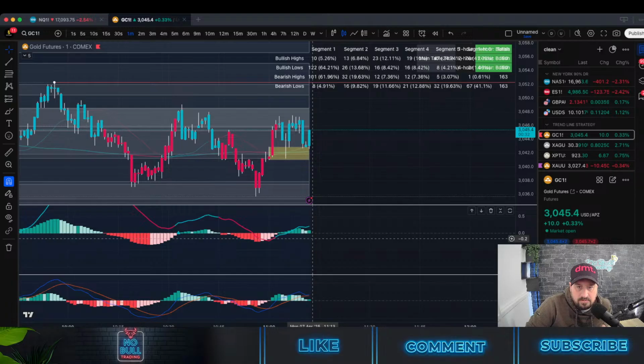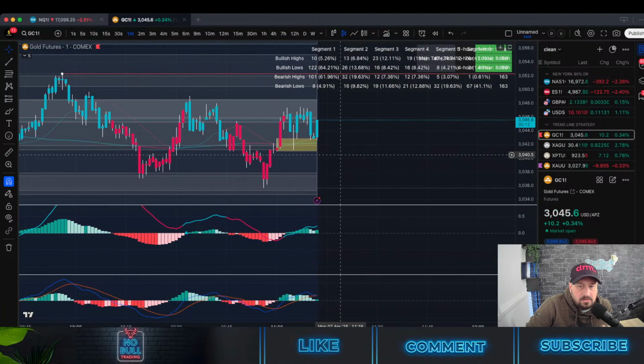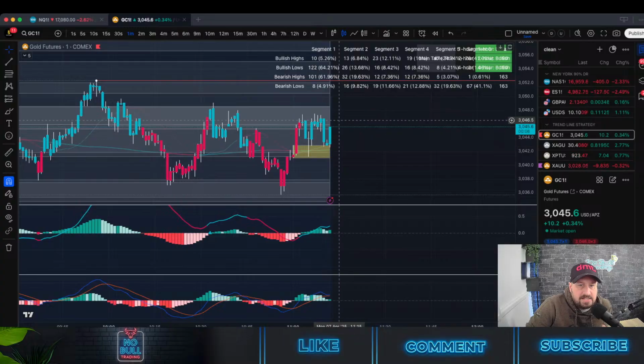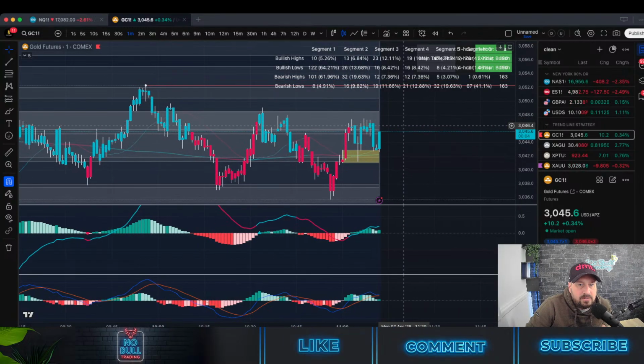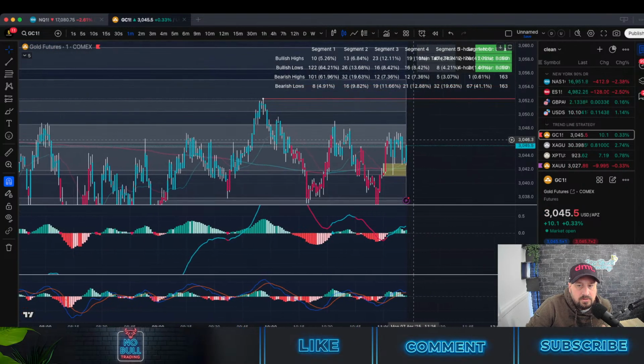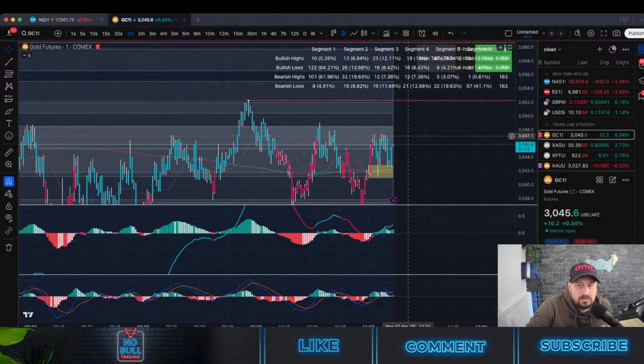It's looking good. Another nice push off the alpha box. Let's see if this can now break us out of the previous 4 hour, which is this level. See if we can get a break above, hold, and then potentially a move on.